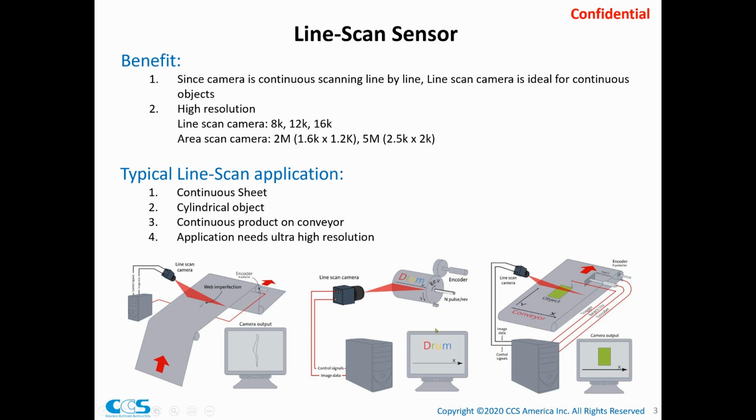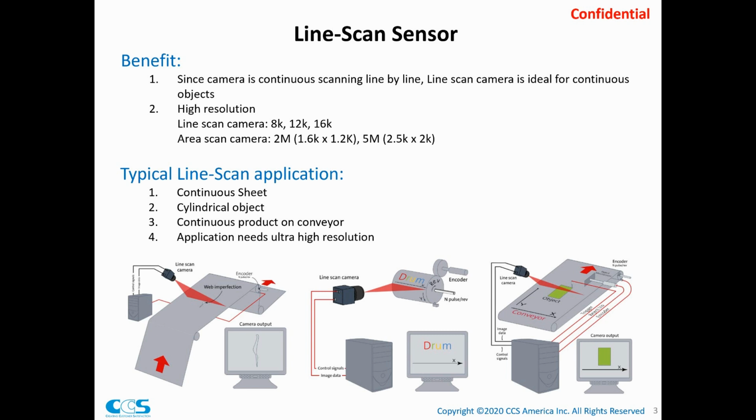For the cylindrical object, we can rotate it, and then the line scan camera can continue scanning the surrounding surface. And line scan is also really good for some continuous product on conveyor. For example, in food industry, some coffee beans are coming out from conveyor continuously.